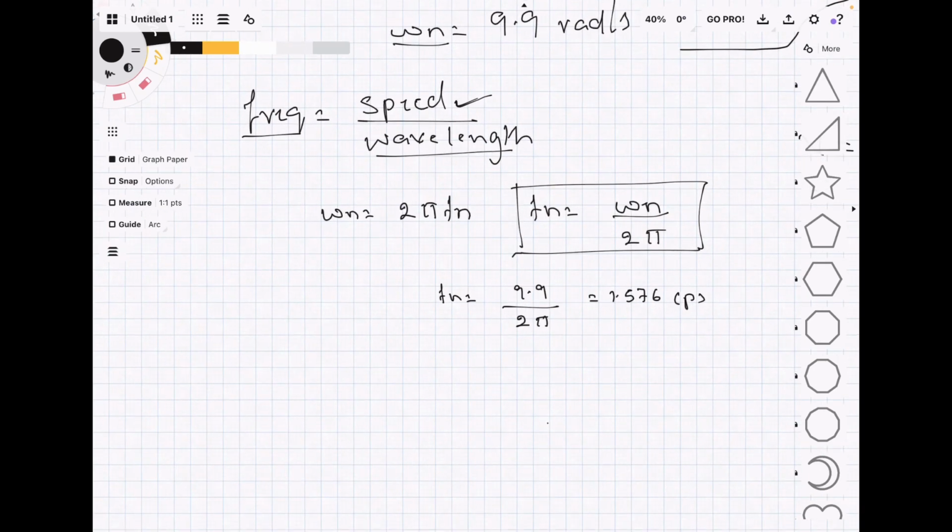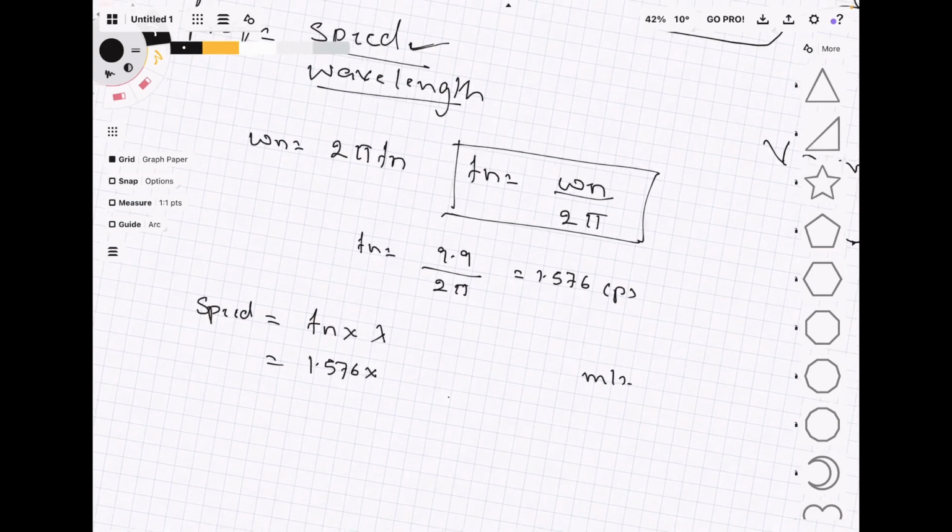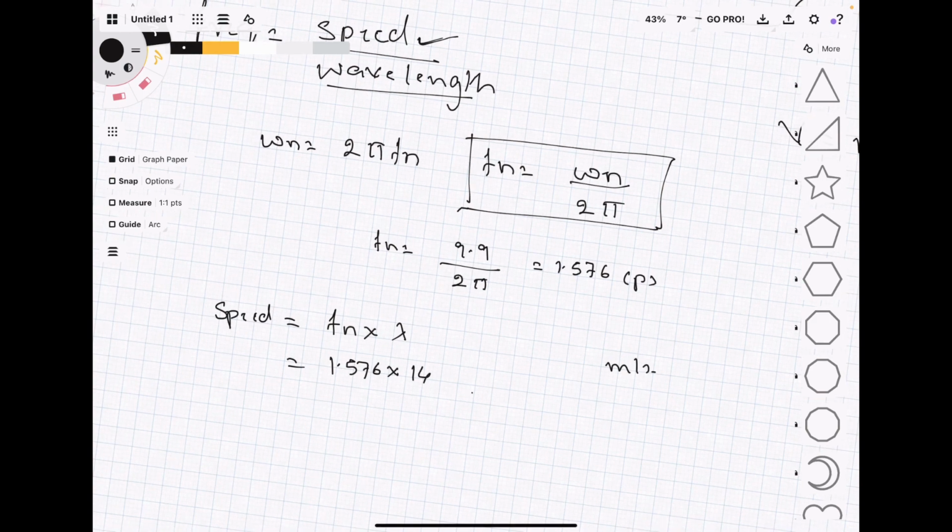Now you have the Fn value and you know the wavelength, so you'll directly get the speed, in meters per second. Speed will be equal to frequency into wavelength. Frequency is 1.576, into lambda, which is 14 meter.